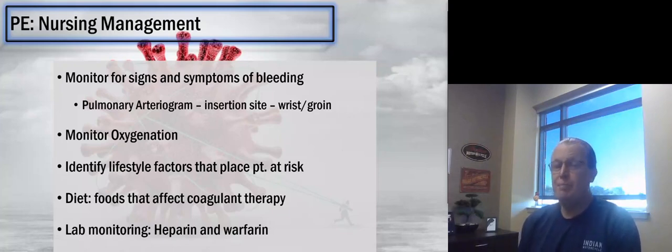Their airways should be patent. So we think about airway management, that they shouldn't have a reason to have an occlusion. But we definitely also have to be considerate of their oxygenation, because while their airways are fine, remember, this is not an airway problem. This is a vascular problem.